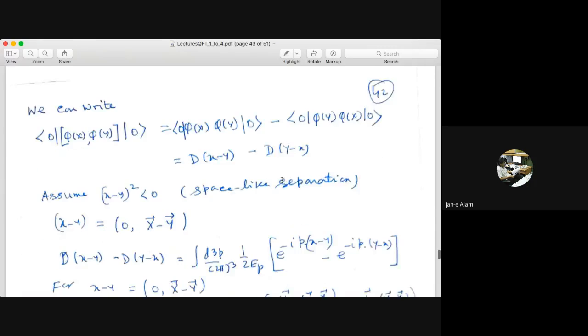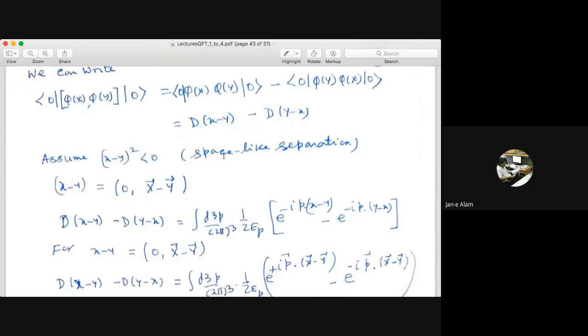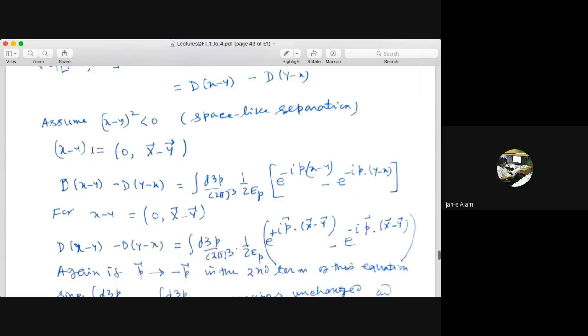And I want to see whether, when the separation is space-like, that is when you are outside the light cone, this amplitude will cancel this or not, right? So let us see that. So x minus y, again, is a 4-vector. I am taking the temporal component 0 and the spatial component non-zero. And if the spatial component is non-zero, then you know that this is a space-like domain, because the square of this vector will give me a negative quantity.